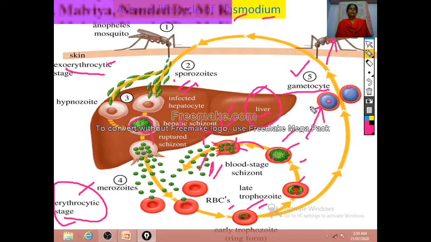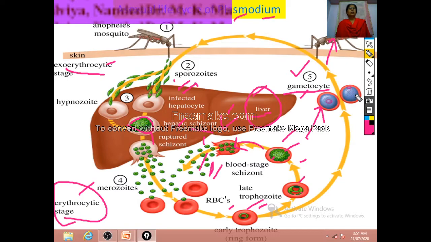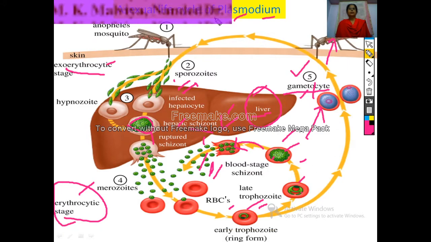Some of the Plasmodium parasites become rounded in shape, and now they appear as gametocytes, as megagametocyte and microgametocyte. Thus there are two types of gamete cells. Why are they called gametocytes? Because from these gametocytes later on develop the sex cells of this Plasmodium parasite for beginning of the sexual life cycle. Now this is the end of the asexual life cycle of the Plasmodium parasite.